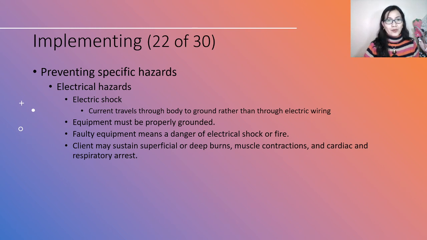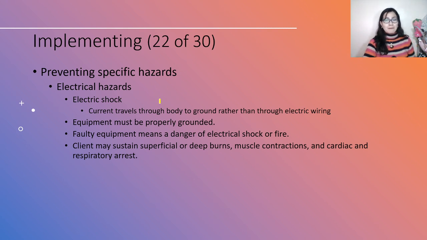Okay. Another one, you have electric hazards. So, to prevent electric shock, note that current travels through the body to ground rather than through specific electric wiring. So, here you must be aware of your surroundings. If there's already an incident, please don't go to that area. Okay? Instruct the client about that.